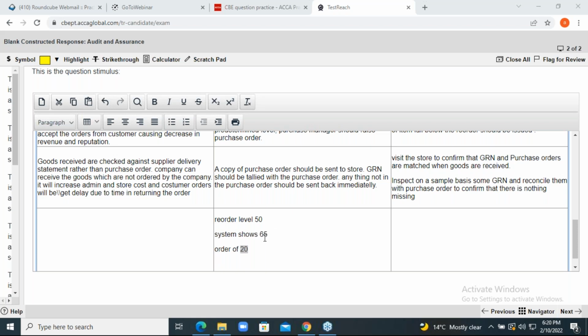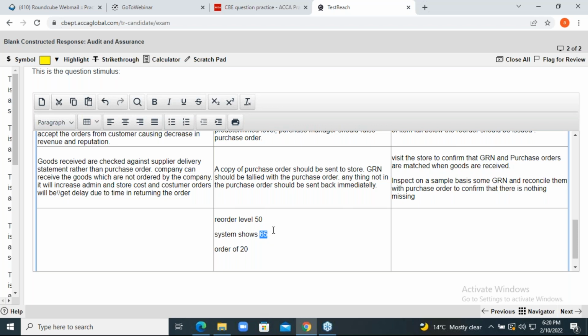You will not have any inventory in the warehouse, and this 65 will vanish within 6.5 days or on the 6th day. If orders come at the same pace, these 65 items will end in the coming 6 days. So if you place an order after 6 days, then it will take 30 days to receive that inventory.